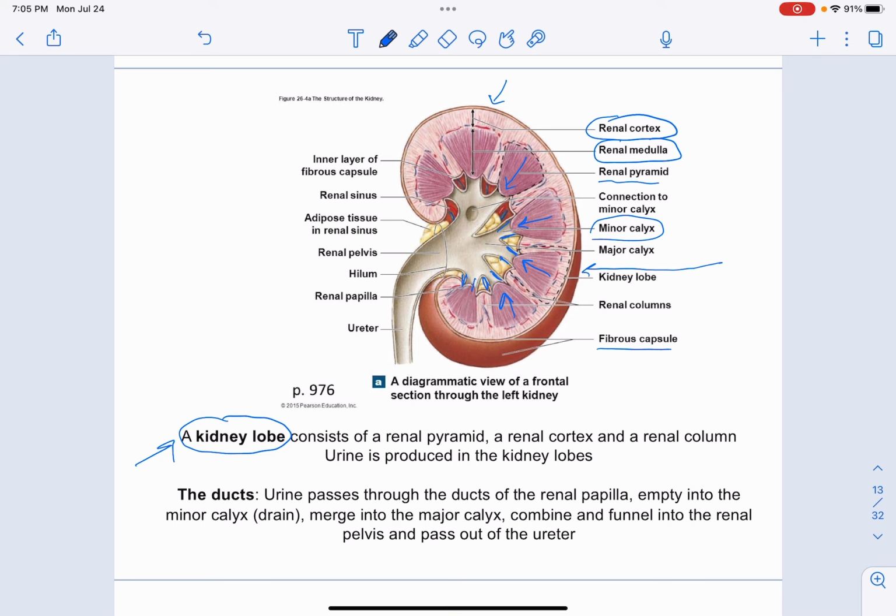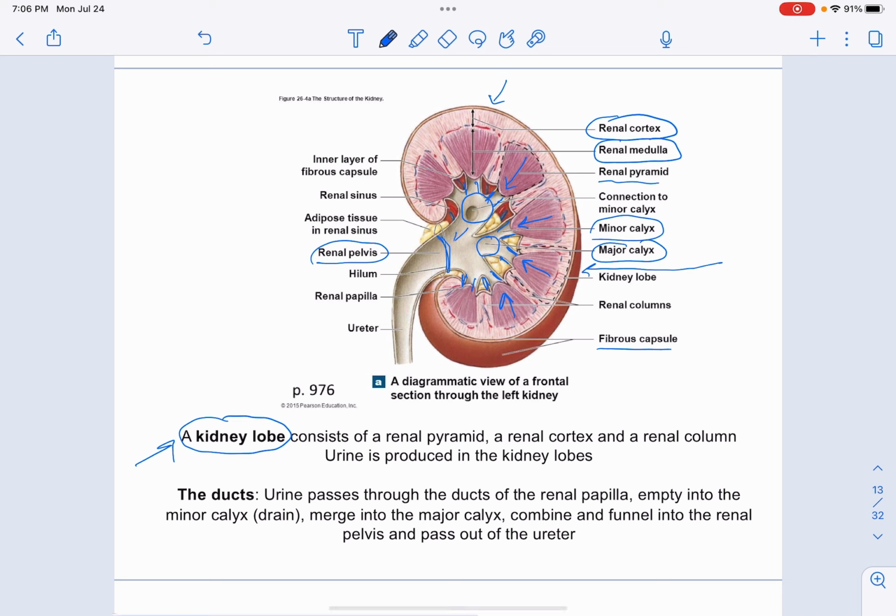The minor calyx then merges into what's called a major calyx, which is this region here. So you have minor calyces merging into major calyces, okay? And then all of those major calyces merge into what's referred to as the renal pelvis, which is this area here.